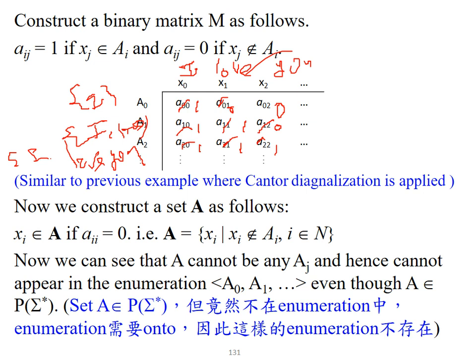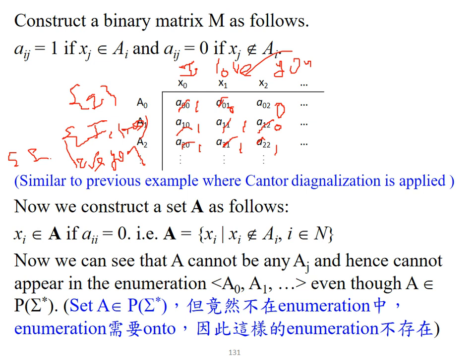This set A is not equal to A0, A1, A2. Okay, this tells us that we assumed we can have a list here, but we can always find a new set that is not within the listed subsets A0, A1, A2. So this is a contradiction.